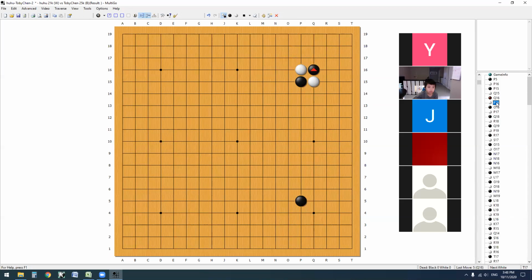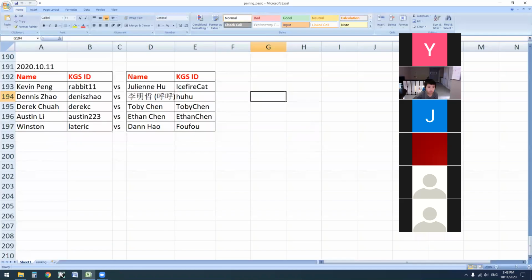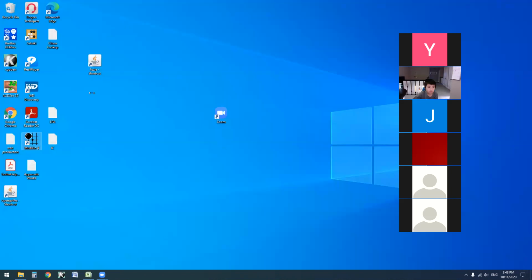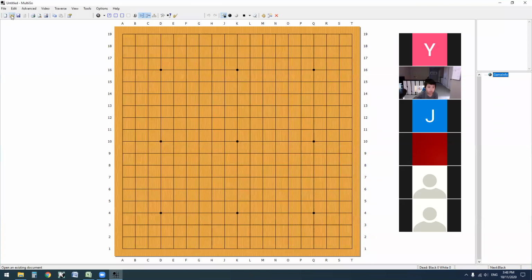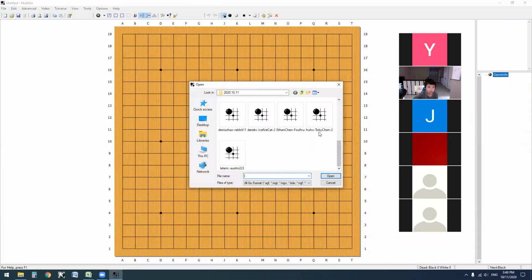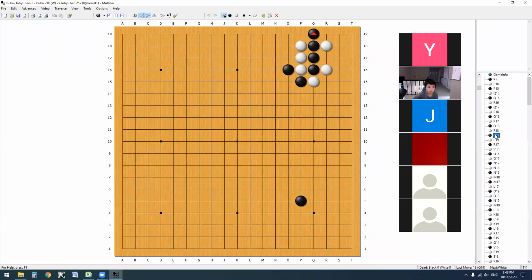Why is that? Because if you atari and he extends, now you can see that black only has 2 groups and white has 3 groups.